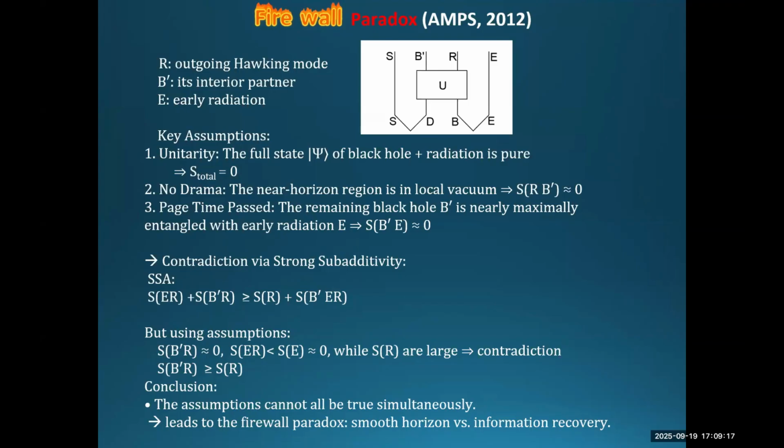And after the Page time, the remaining black hole is nearly maximally entangled. This looks obvious, but this leads to a strong contradiction via strong subadditivity. This relation is a well-known result from quantum information.